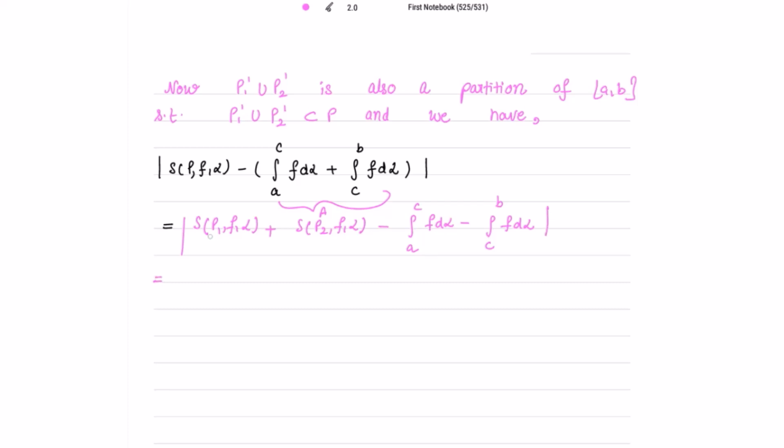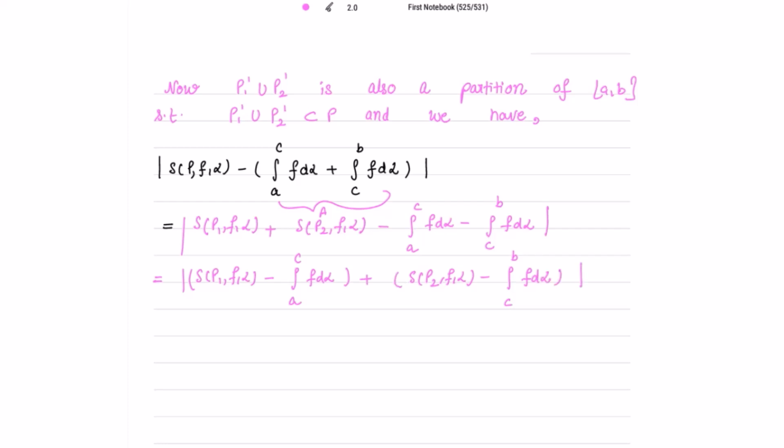Now we take S(P1, f, α) with a to c because P1 is a partition for the closed interval [a, c]. So this is S(P1, f, α) minus the integral from a to c of f dα, plus S(P2, f, α) minus the integral from c to b of f dα.